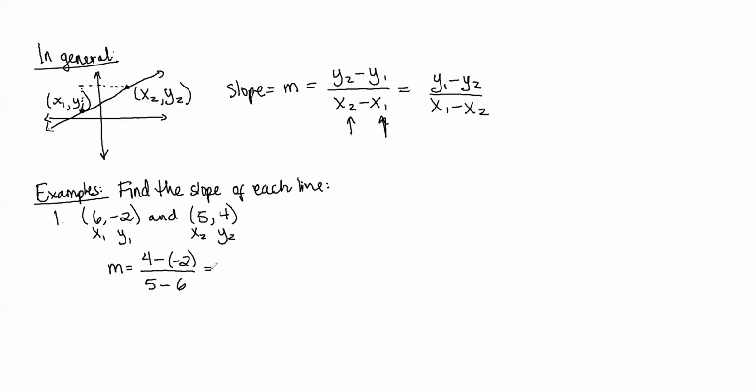And now let's simplify. Simplify the top and the bottom separately. So 4 minus -2, we can go ahead and add the opposite. So 4 plus 2 gives us 6. 5 minus 6 gives us -1. And always simplify all the way down if you can. So 6 divided by -1 is -6.